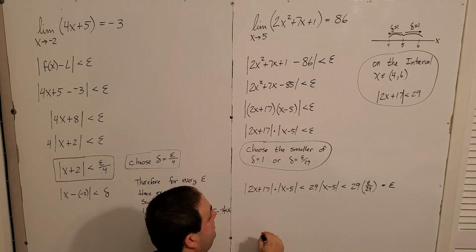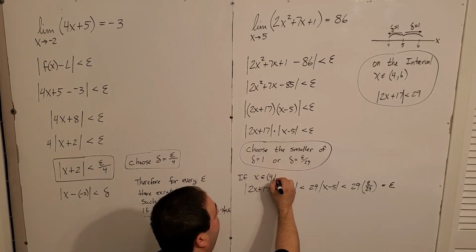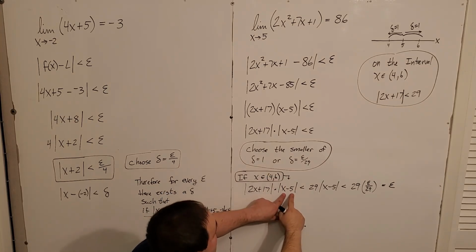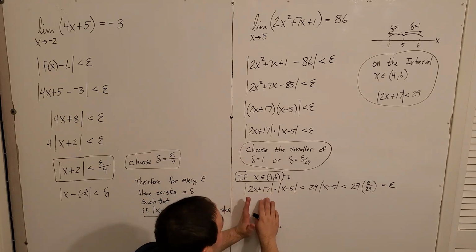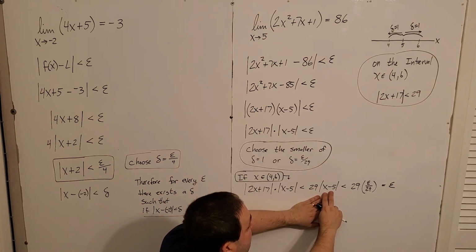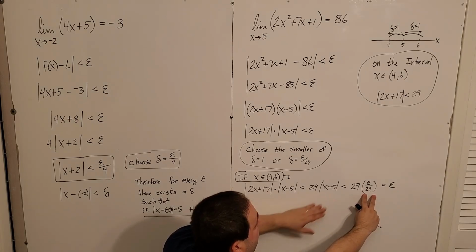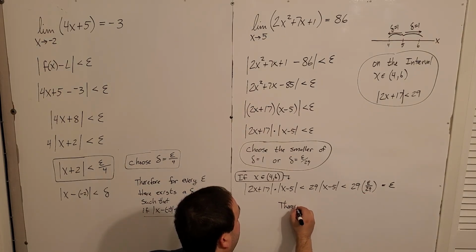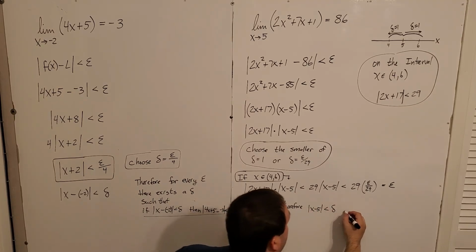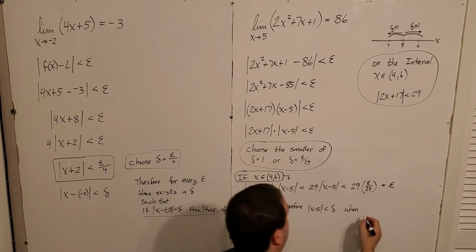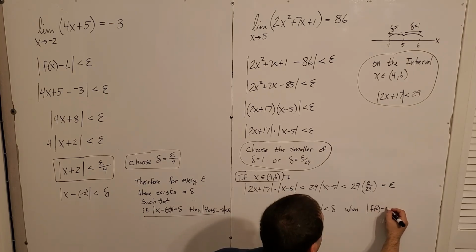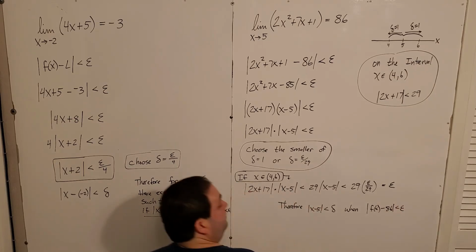So if x is on the interval from 4 to 6, which is us getting close to 5, then this has to be true. This is going to be less than 29. And I've just shown that this is less than the delta right here. Therefore, this is less than delta when f of x minus 86 is less than epsilon.